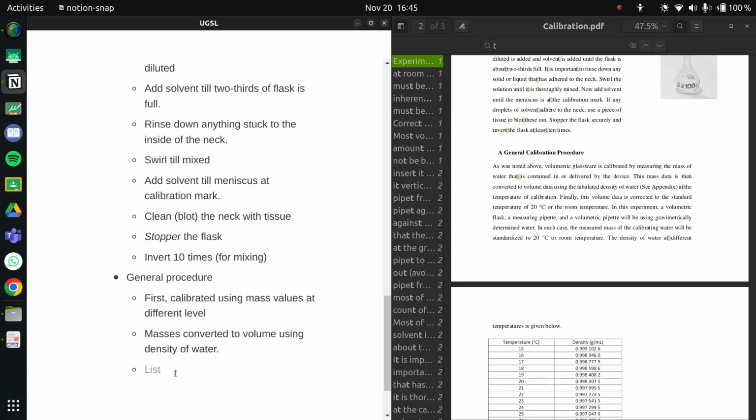So what that suggests is that you'll always probably have to put water in there, right? Wait, no. In the end you just care about the volume, so it doesn't matter what you put in. It's the same volume, right? Yeah. So mass is converted to volume, and you're gonna mark that instead. Okay, cool.